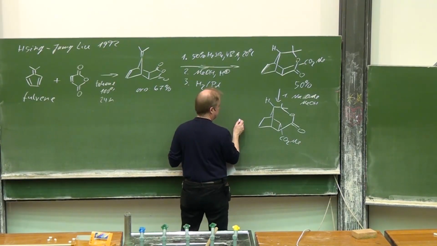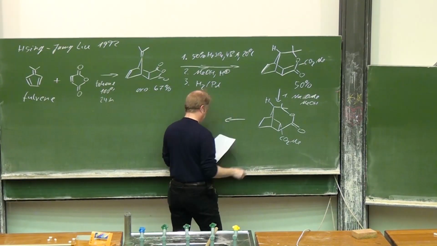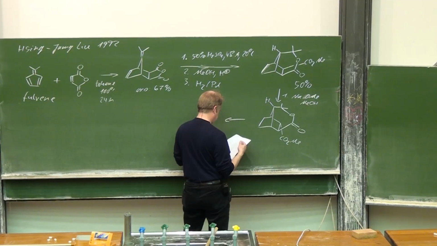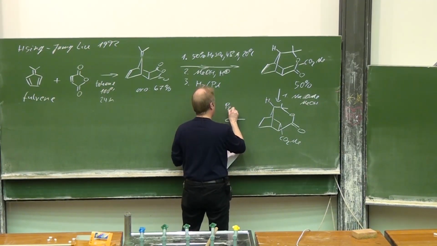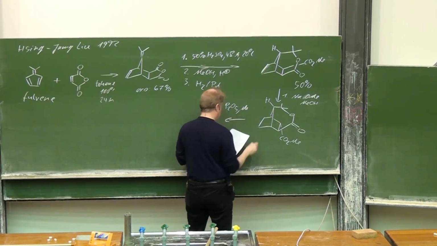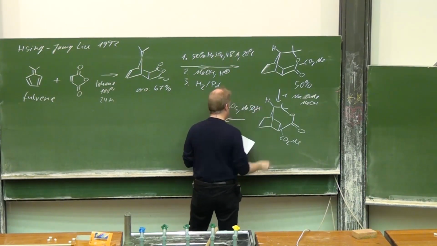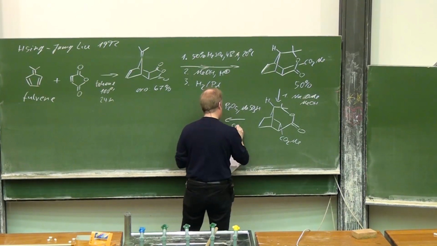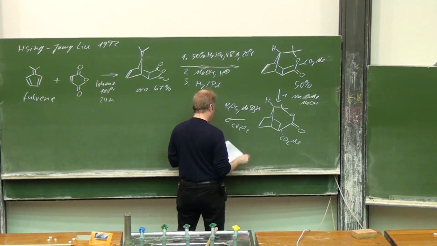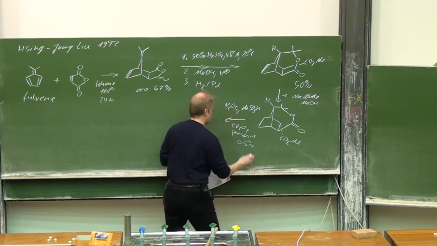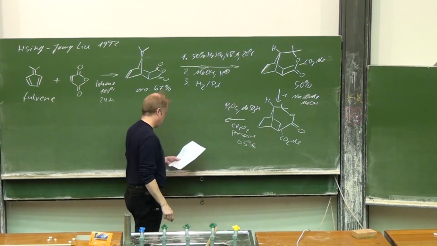Next step. This is treated with phosphorus pentoxide and trifluoromethanesulfonic acid, rather acidic conditions, dichloromethane, some pressure, because otherwise we can't get to 65 degrees.